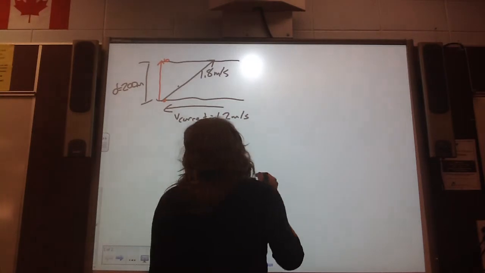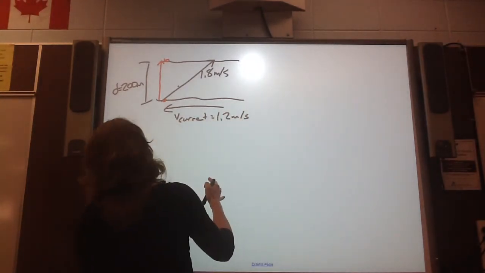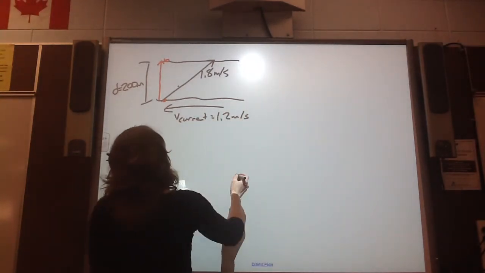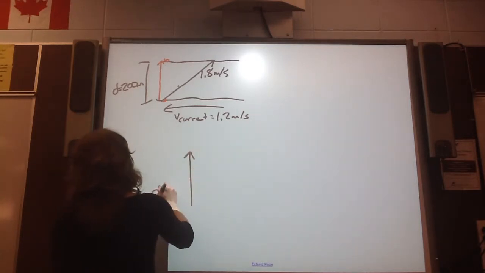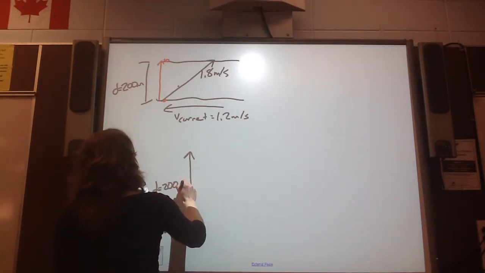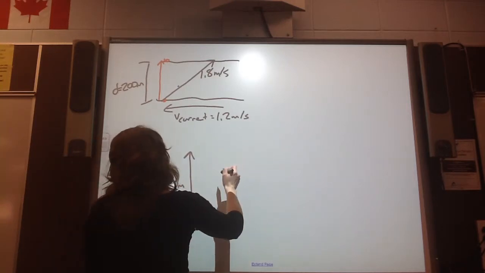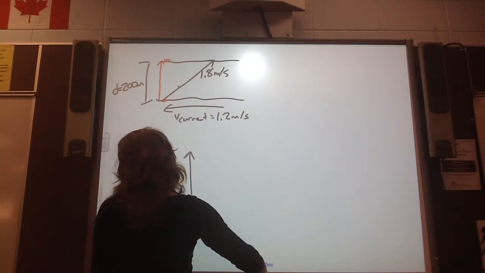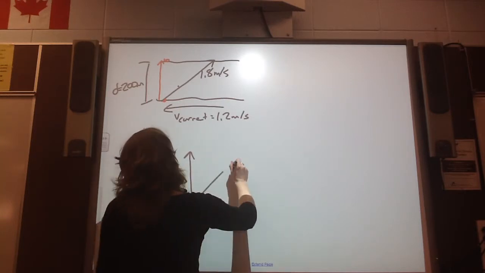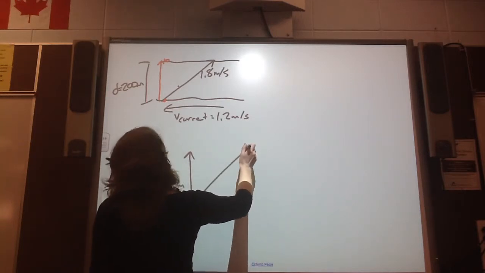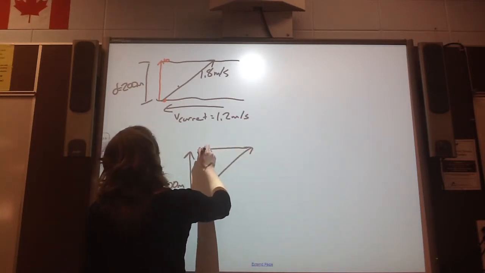Okay. So now let's put it together and make our actual triangle. So we have our distance is 200 meters, I know. Overall, she's going to go this way, and the current is going this way.